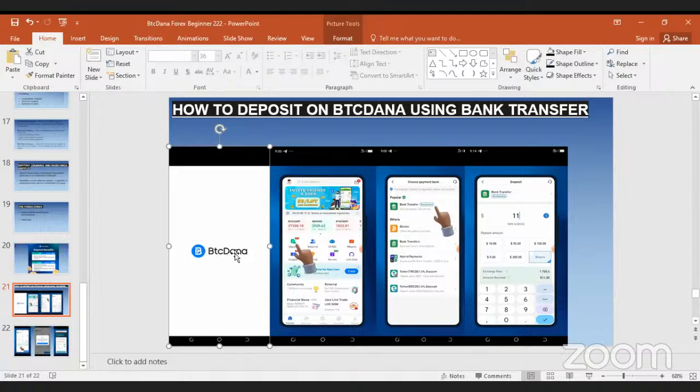When you are in the app, a screen like this will pop up. Let me see if I can make this wider for you guys to see.